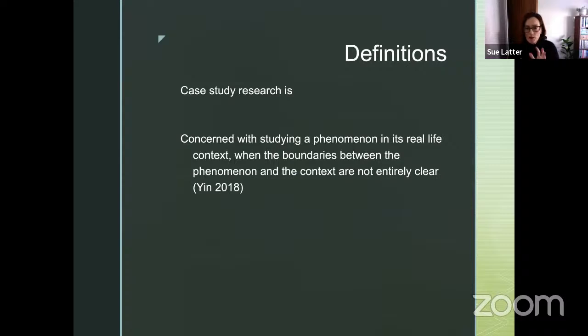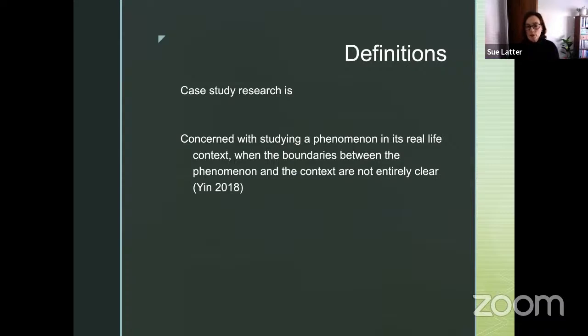And also, sometimes, when the boundaries between the thing that you're studying and the context are not entirely clear. So as an example, we recently finished a study for the National Institute for Health Research, where we were looking at access to medicines at the end of life in the community.